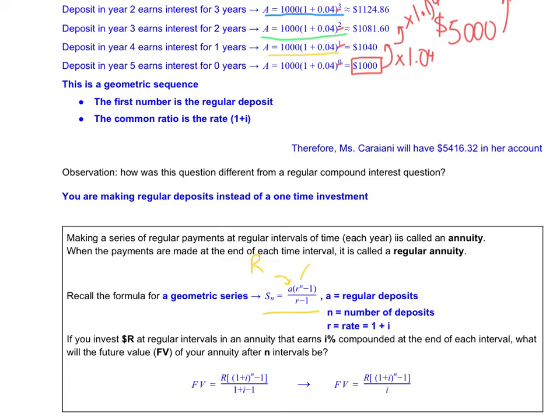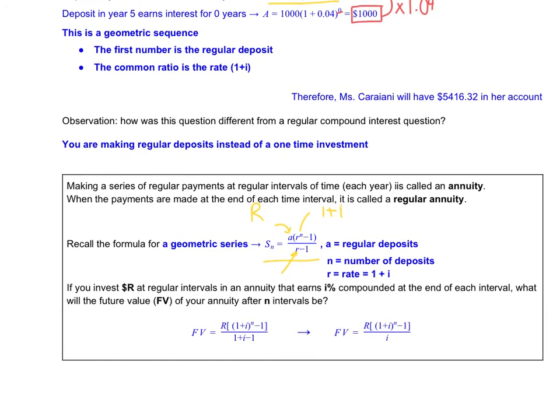And then our common ratio is 1 plus i, so it has to get replaced 2 times. And if you look at my next equation here, you will see that I filled in the gaps. I put the R in for A, the 1 plus i, and in that denominator, you can see 1 subtract 1, which is just 0. So this is our final simplified equation for future value.